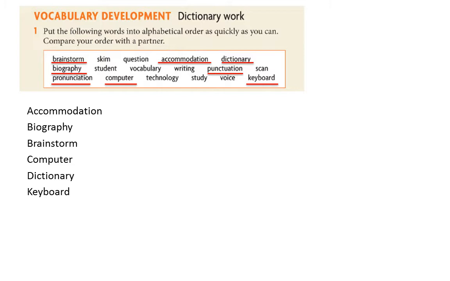So we have two words started with the same letter, which is P, and one of them should be sorted the 7th and the other should be sorted the 8th. Which one is the 7th? Now we should go to the second letter. The second letter in the word punctuation is U, while in the word pronunciation is R. Which one of them is before the other?